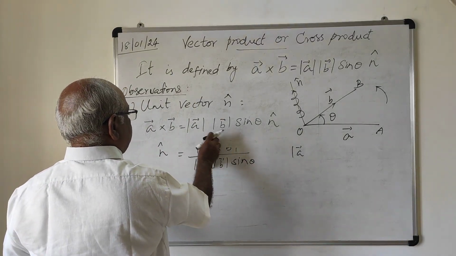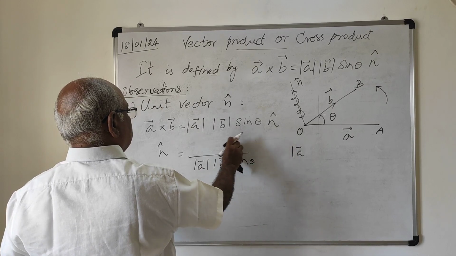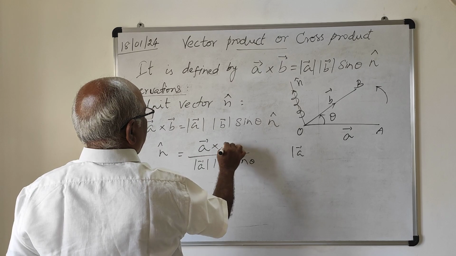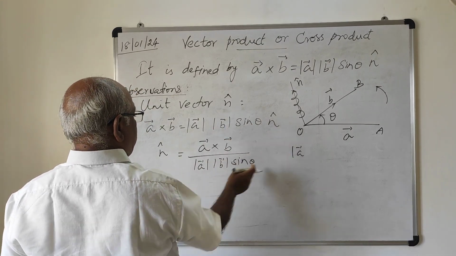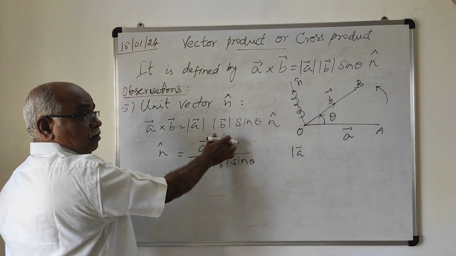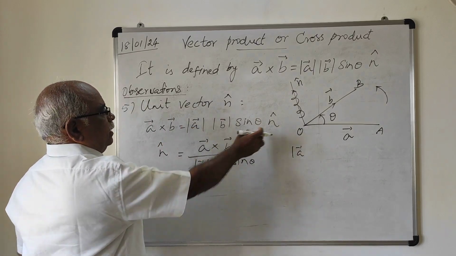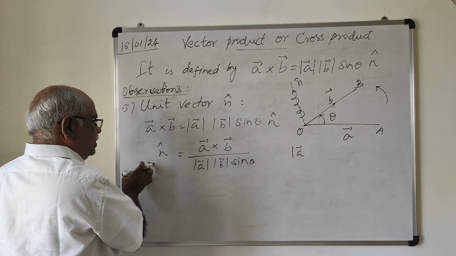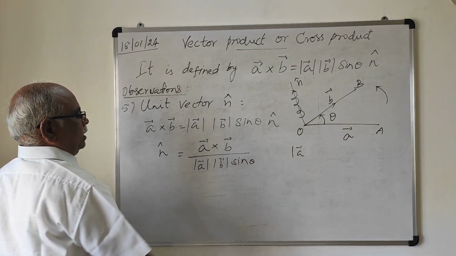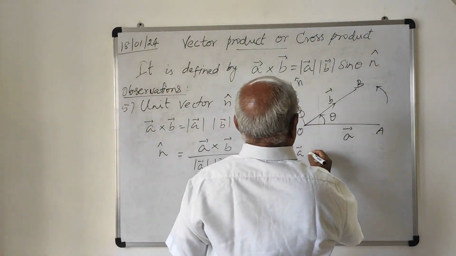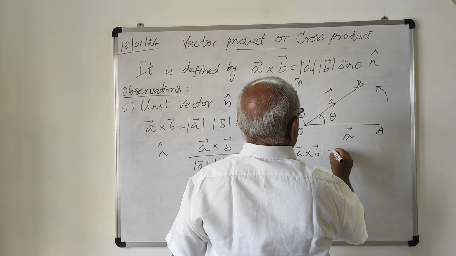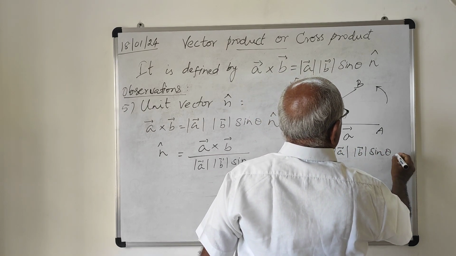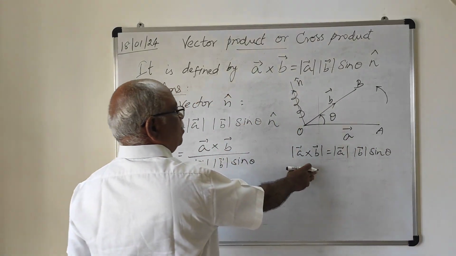Not mod of A cross B, sorry, the numerator is A cross B. You keep n cap in the right hand side itself, this term becomes the left hand side, it becomes A cross B by mod A mod B sin theta. This is n cap. But you know, mod of A cross B, I already told you, is mod A into mod B into sin theta into mod of n cap, which is 1.